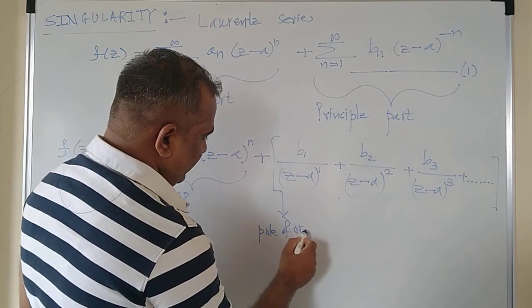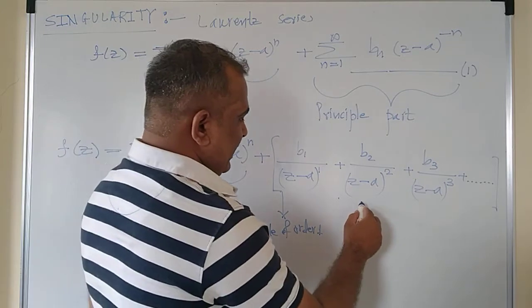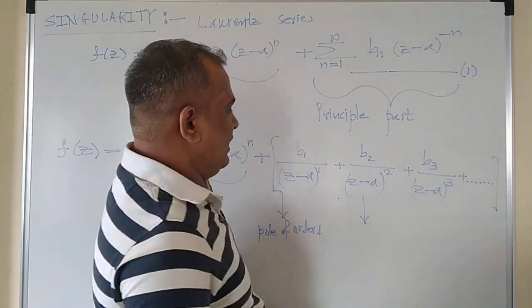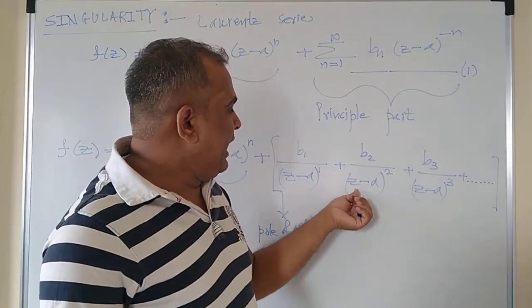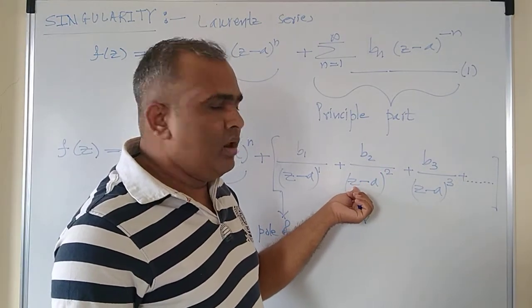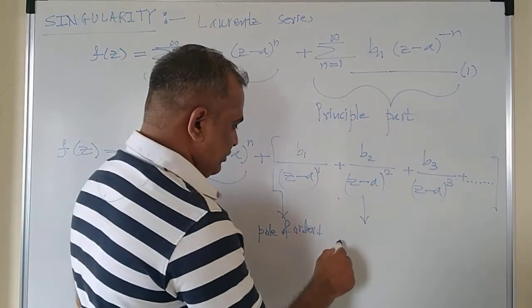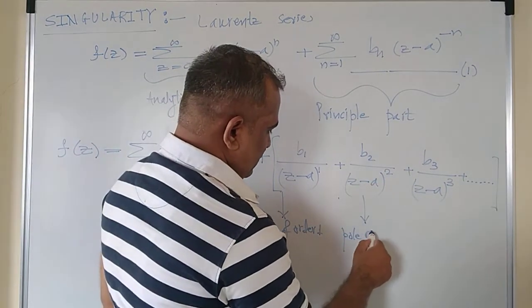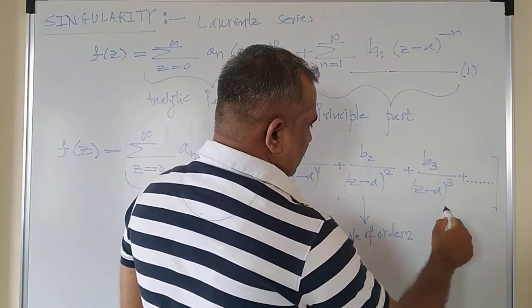Similarly, the second term has a pole of order 2 at z equals a, and hence it is called a pole of order 2.